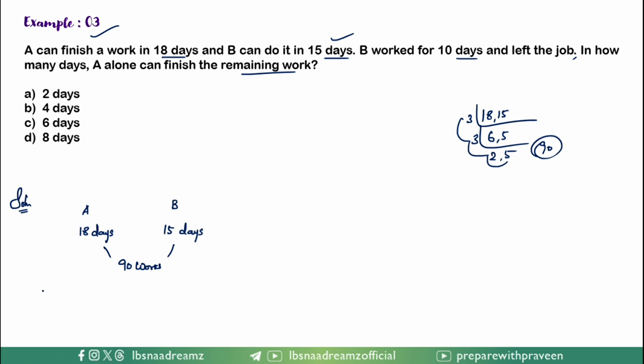Now let us find the efficiency of A. Efficiency of A: 18 5s are 90. So 5 works per day. So A can do 5 works per day. Efficiency of B: 6 works per day.